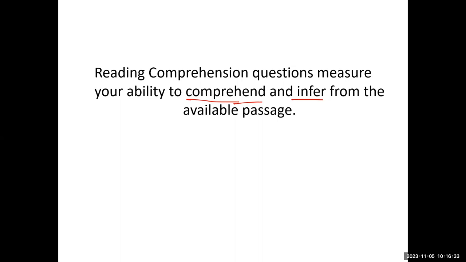Had it just been a measure of your comprehension, or what you understand from what you have read, then actually there would be no challenge there. The challenging part is the inference part. You have to read between the lines. You have to understand even those things which are not directly mentioned by the author in the passage, and that is what makes reading comprehension a little bit challenging.